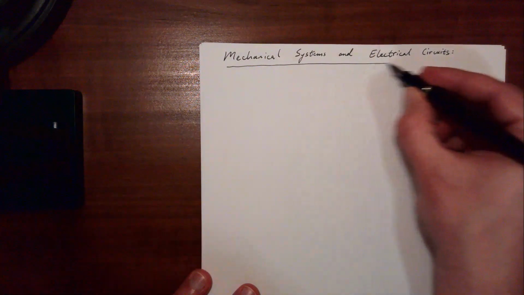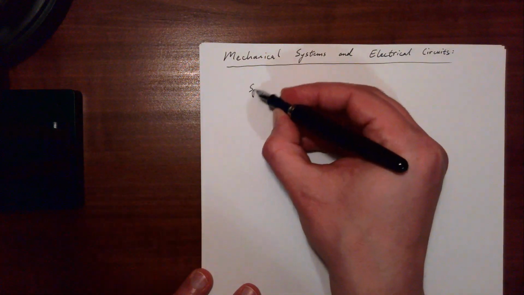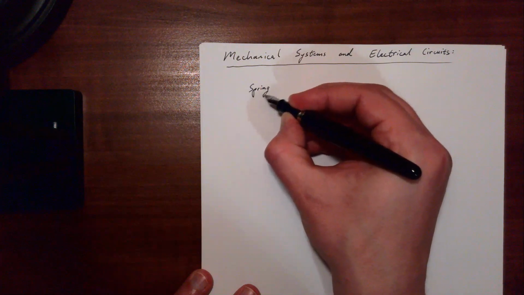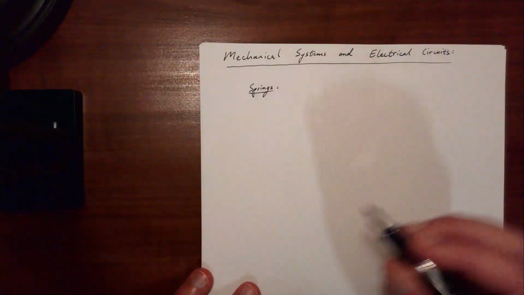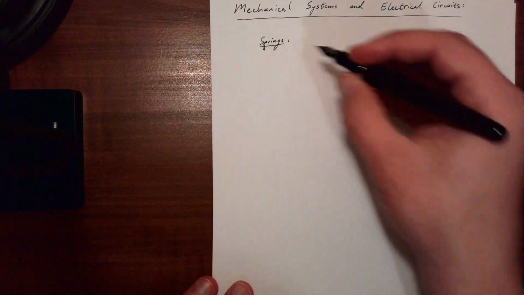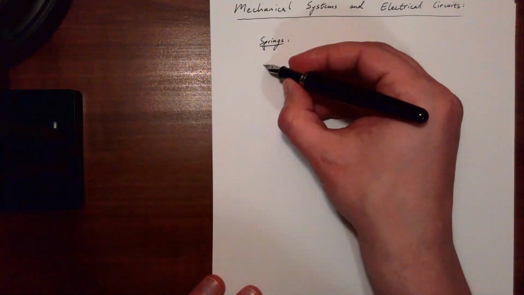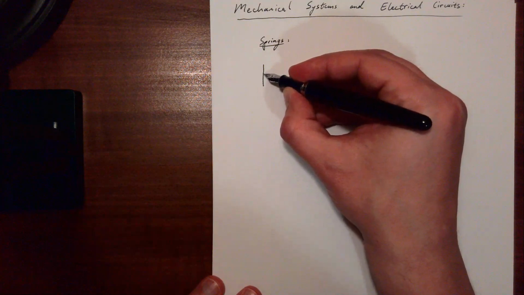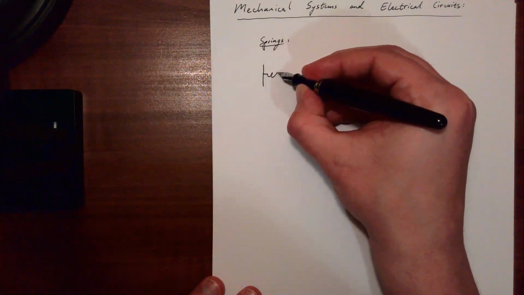So starting with springs, which I think are something we can get our heads around relatively straightforwardly in many cases anyway. We can have a little spring, and let's say it has the spring constant of k.